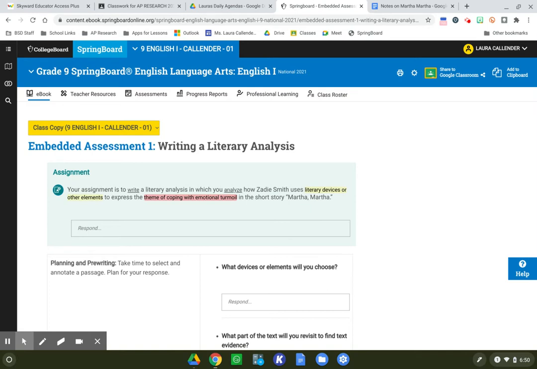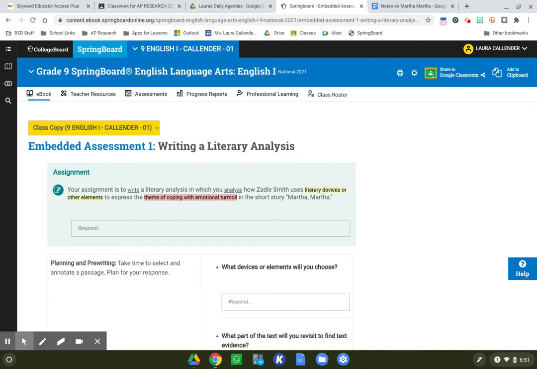So you will be writing a literary analysis, and let's look at the assignment description in the green box here. Your assignment is to write a literary analysis in which you analyze how Zadie Smith, the author, uses literary devices or other elements to express the theme of coping with emotional turmoil in the short story Martha, Martha.